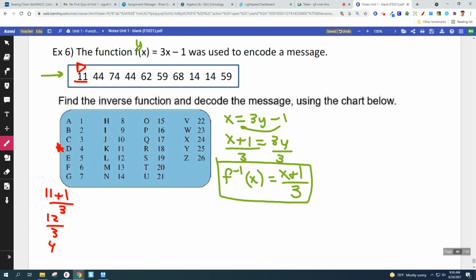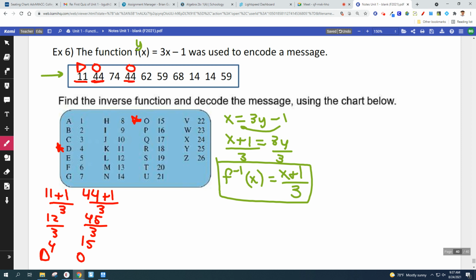Okay, D. The next number is 44. 44 plugged into our inverse, plus 1 over 3, that's 45 over 3, which is 15. And 15 is the letter O. So notice we've got a couple of 44s.